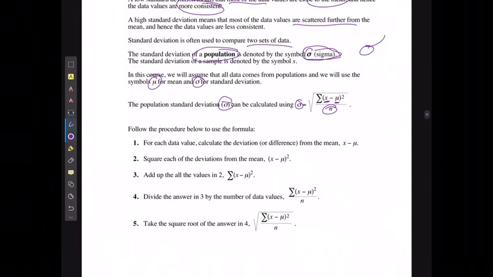For each data value, calculate the deviation or difference from the mean. Square each of the deviations from the mean. Add up all the values in step 2, and then divide the answer in step 3 by the number of data values, and then take the square root of that answer in order to solve it.